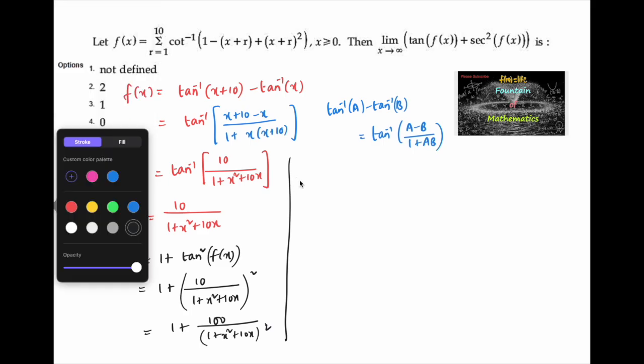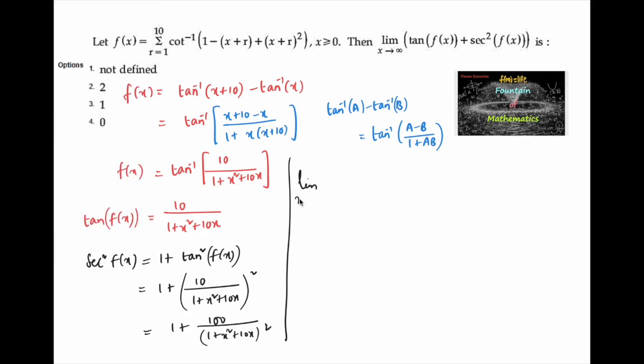And hence now the question: limit as x tends to infinity of tan of f(x), that is 10 upon (1 plus x square plus 10x), plus secant square of f(x), which is 1 plus 100 upon (1 plus x square plus 10x) whole square.